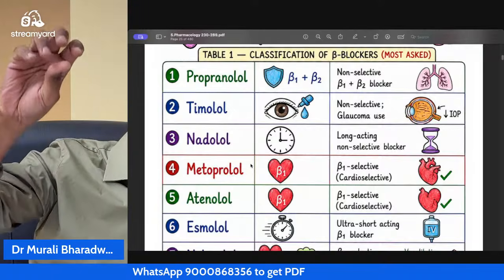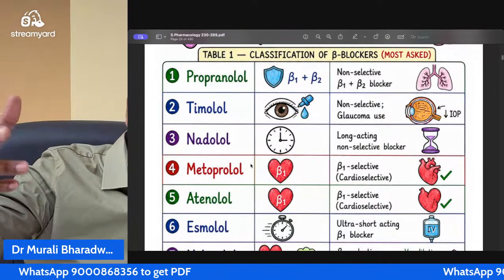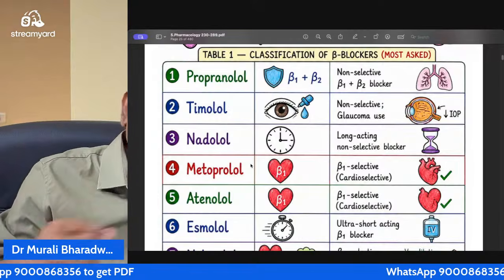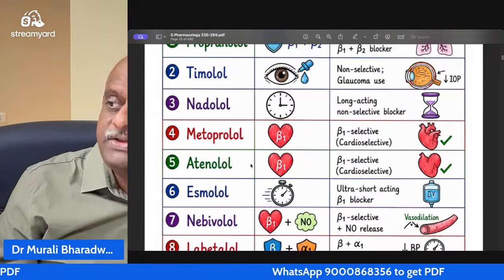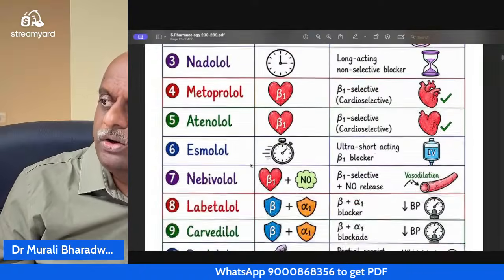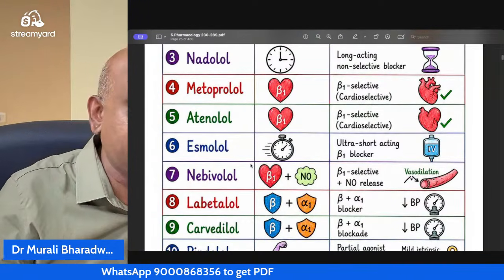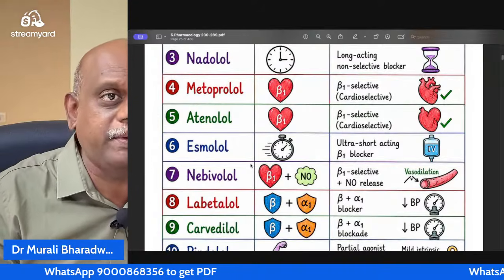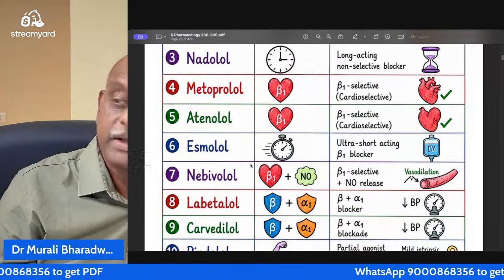To decrease the portal hypertension, in esophageal variceal bleeding patients, we use nadolol because it is long-acting. Metoprolol is beta 1 selective, cardioselective. Atenolol is also beta 1 selective. Esmolol is ultra short acting. It is used as an antiarrhythmic because within seconds it will show the effect, beta 1 blocker.